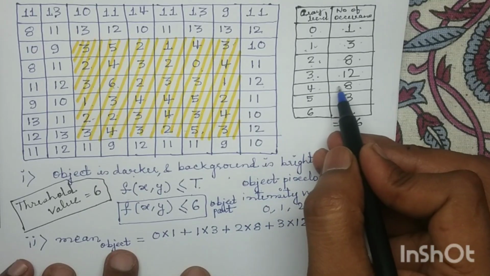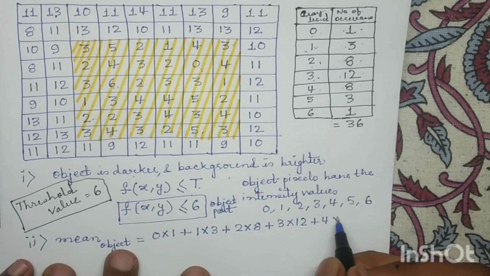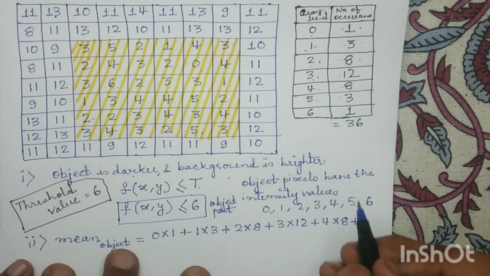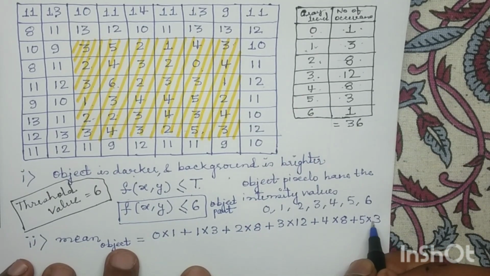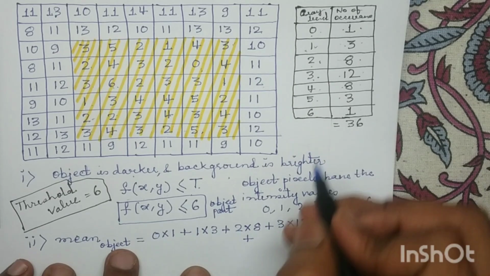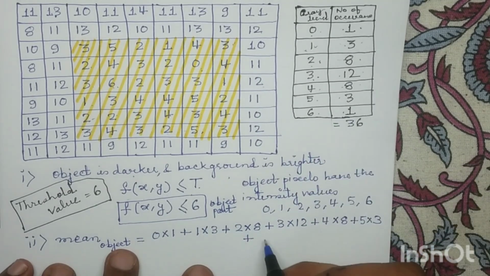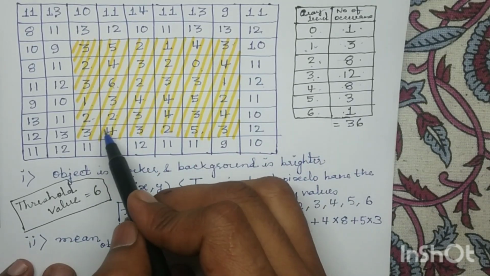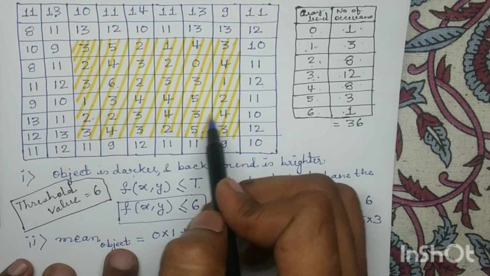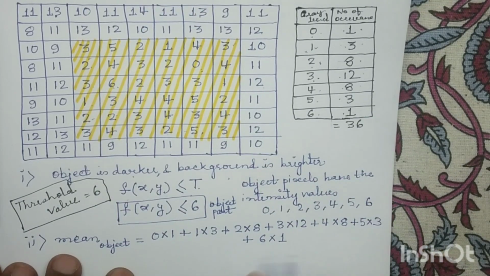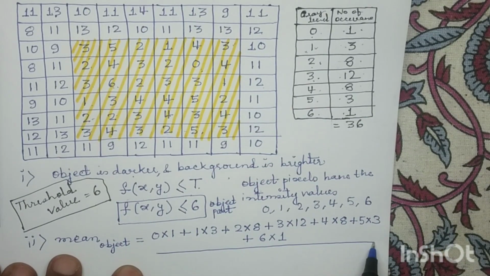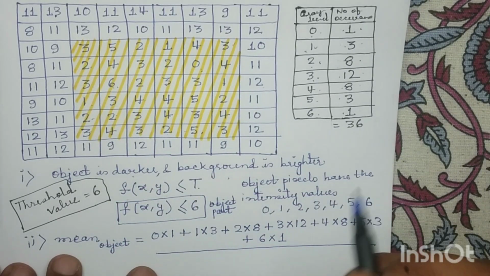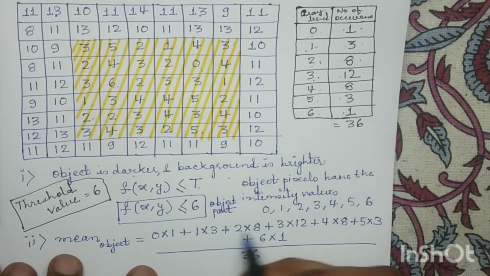For gray level 4, it is 8, so 4 into 8, plus for gray level 5, the number of occurrences is 3, so 5 into 3, plus for gray level 6, the number of occurrences is 1, so I will write 6 into 1. This is the sum of all these object pixels highlighted in the input image, divided by the total number of pixels. The total number of pixels in this object part we have already determined is 36, so I will divide this summation by 36.